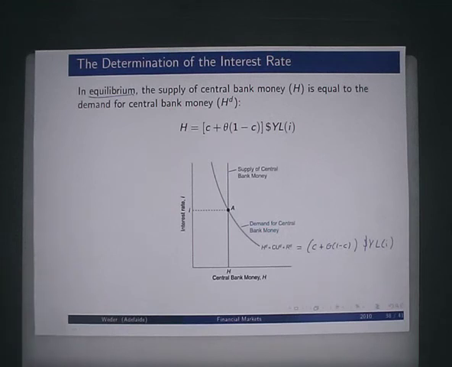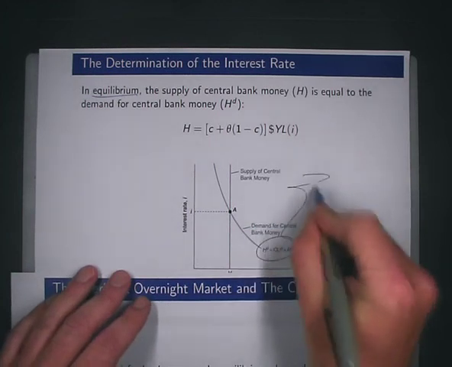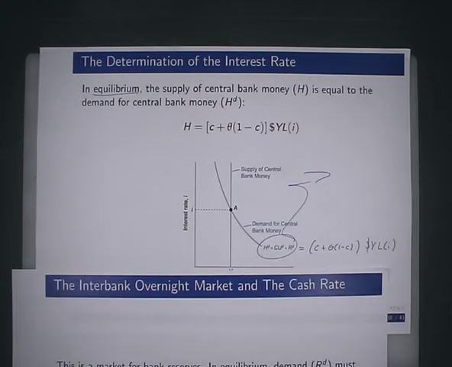So when I talked about the federal funds rate, or the overnight market, i.e. the cash rate in Australia, this market is concerning these reserves.